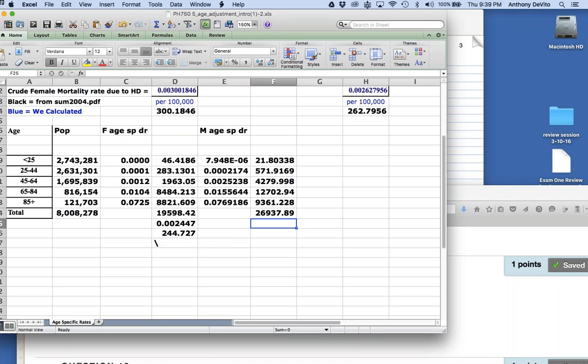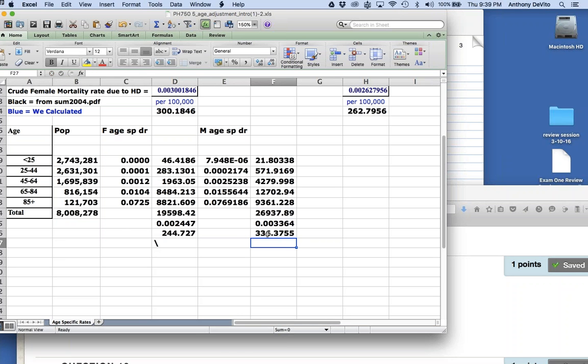Well, let's do the same thing for men. Equals the number of deaths divided by the total population, right? And that's the rate of death. Let me change that to the same units. It's going to be this number times 100,000. And it comes out to be 336.